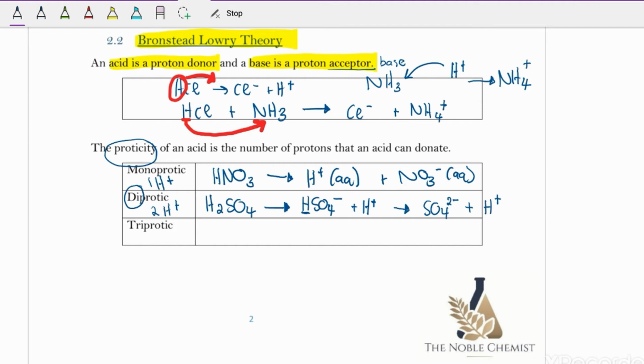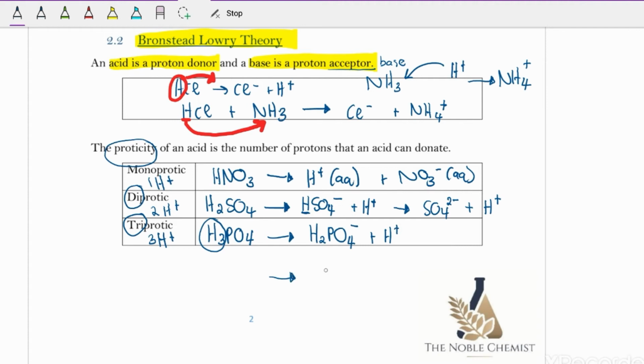Then a triprotic acid obviously has 3 hydrogen ions. An example like this would be phosphoric acid. You can see that it has 3 protons, and it would want to give away each one of them. So let's start with the first protonation. If I give away 1, it will become H2PO4 minus, plus the hydrogen ion.